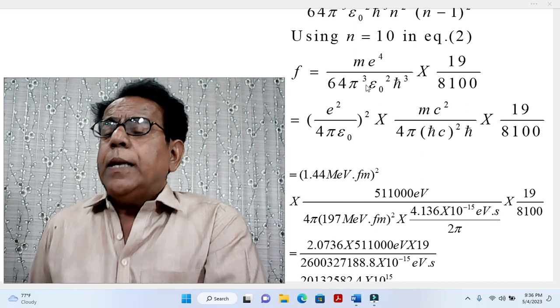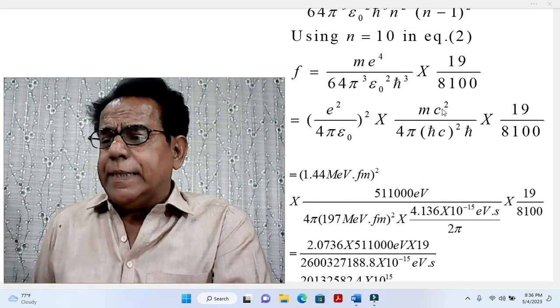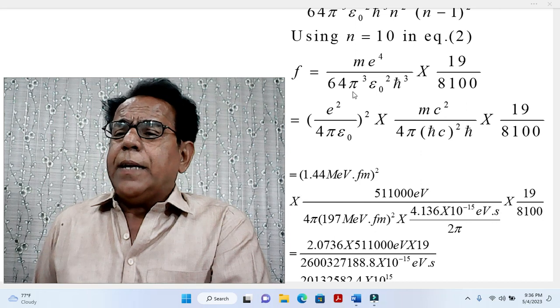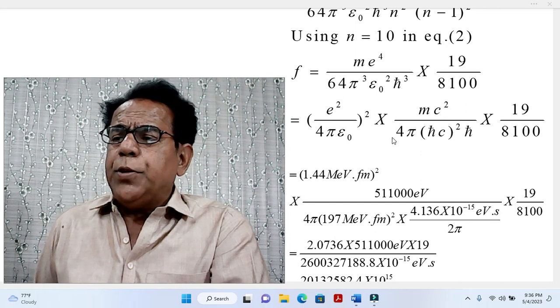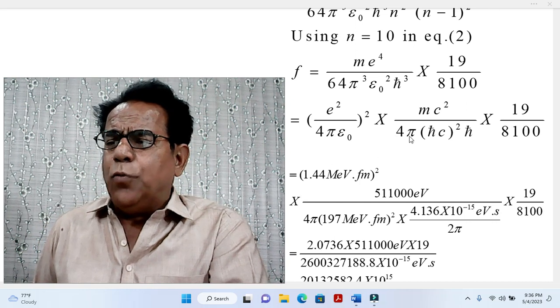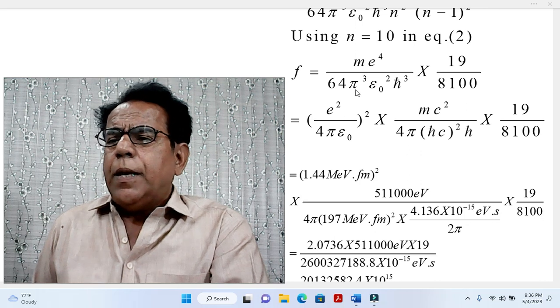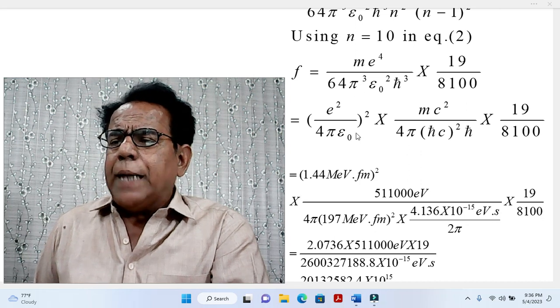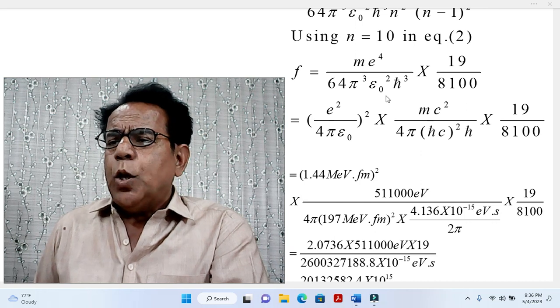Moreover, with m we have multiplied and divided by c squared, and out of 64, 4 into 4 is 16 has been deducted, while the remaining 4 was left, and that 4 is written here. Out of pi cubed, pi squared has been deducted and simply pi has been written here.